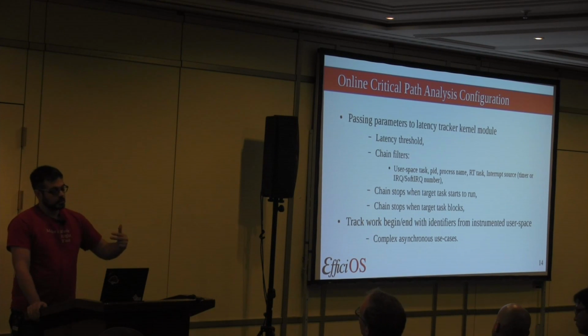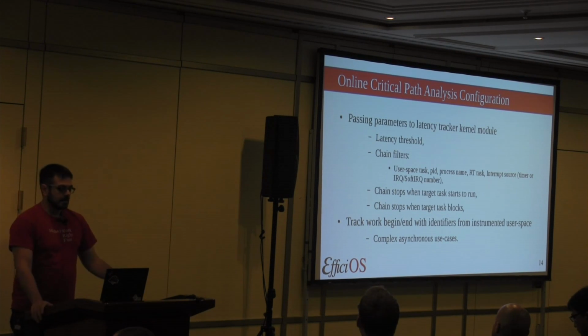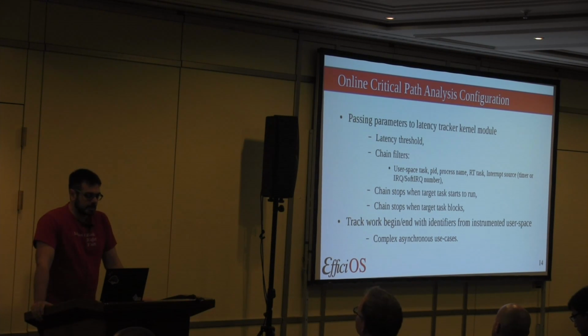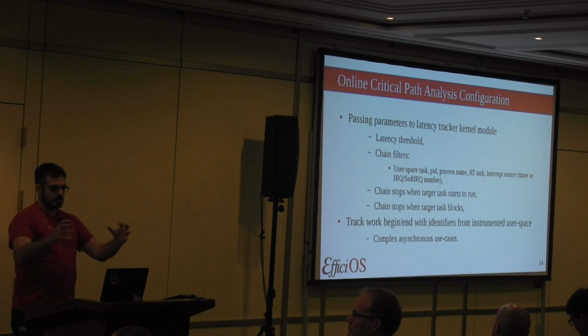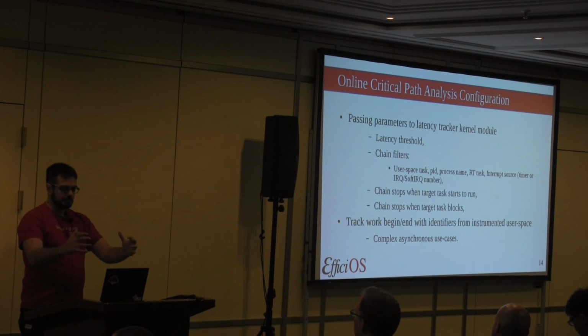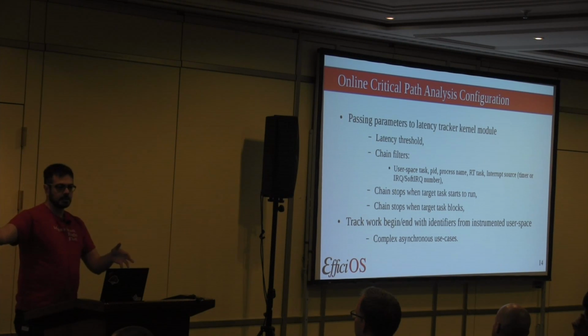We can specify whether we want those chains to stop when a user task starts to run or when it's blocking. And we now support tracking work begin and end from user space. So we expose, I think it's a proc file, to which user space can write an identifier, a key, to say, okay, I'm beginning some work, and then I've completed my work.